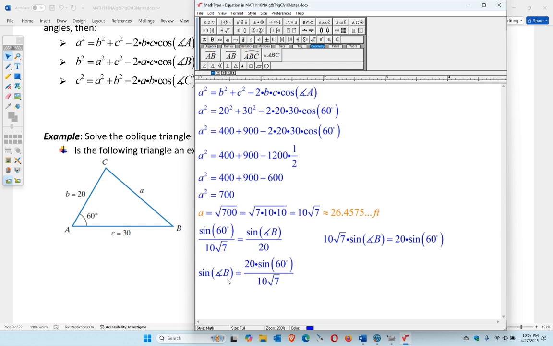Now we just have to do inverse sine to cancel the sine. So basically, angle B, if I do inverse sine to both sides, the inverse sine will cancel the sine on that side. Then we can copy that.